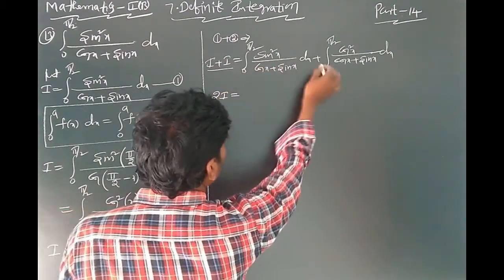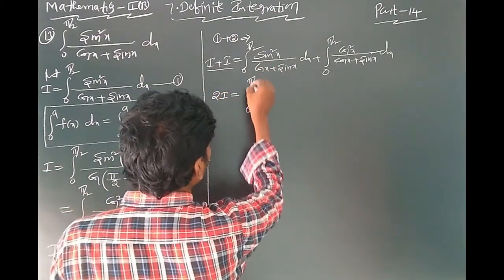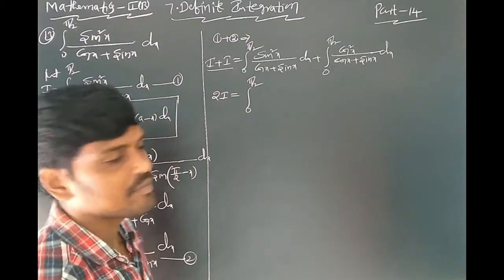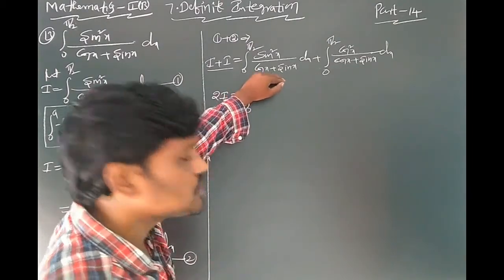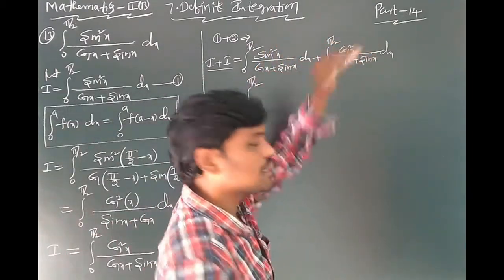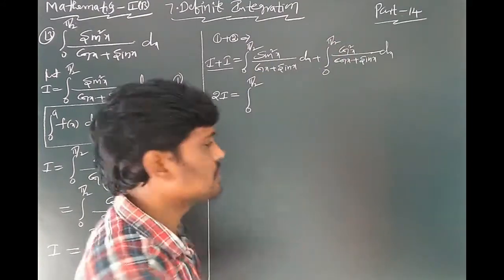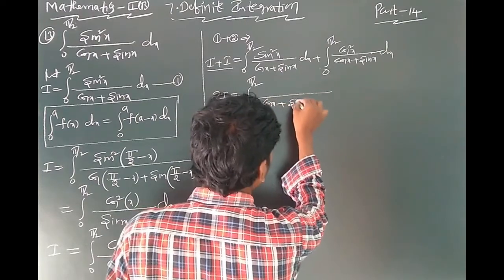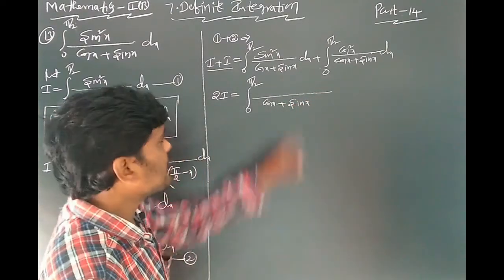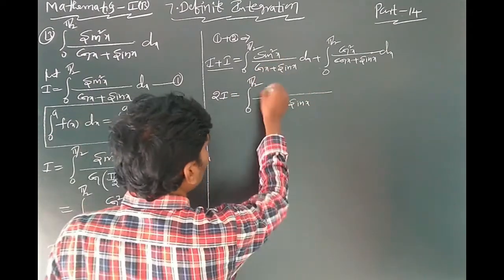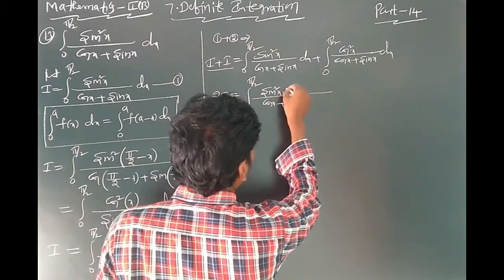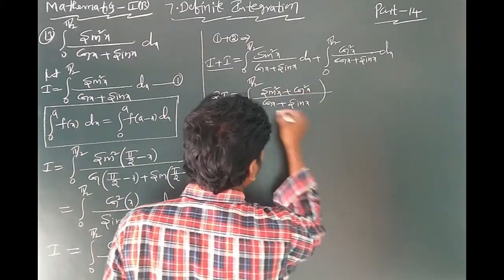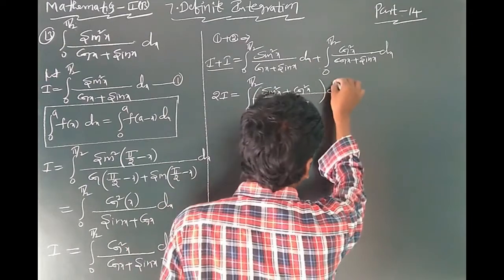In these two functions, integral 0 to pi by 2 is common. After that, the first term denominator and second term denominator are both equal, that's why you can write cos x plus sin x once. What is the numerator here? Sin square x plus cos square x, dx.